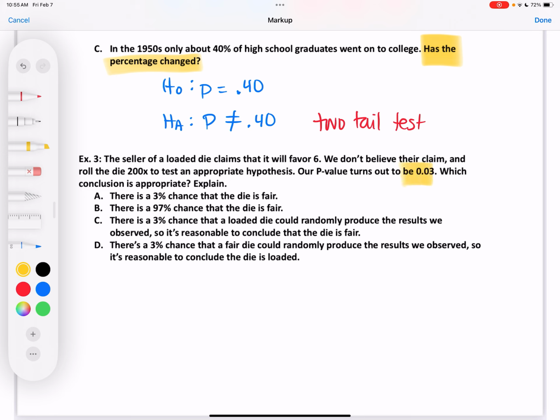Alright, so our p-value here is 0.03. What we're looking at is the probability of our sample results given that the null is true.